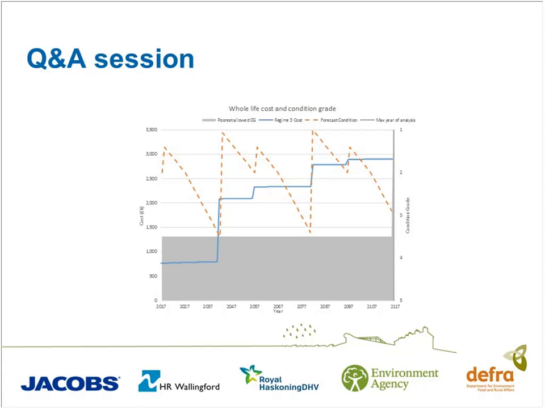So I think the tool is useful in identifying a least cost to maintain the asset over its life in the target condition grade, but you need to have done some other work to establish what the target condition grade is, and that needs to take into account the risk associated with maintaining those assets in a particular way. So there we'd be thinking about using some of the other products or tools like the fragility curve tool, and also thinking about what the consequences of flooding would be for that asset.